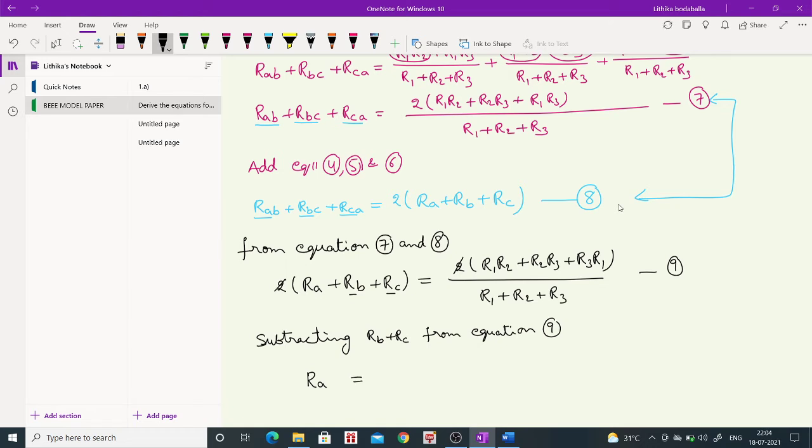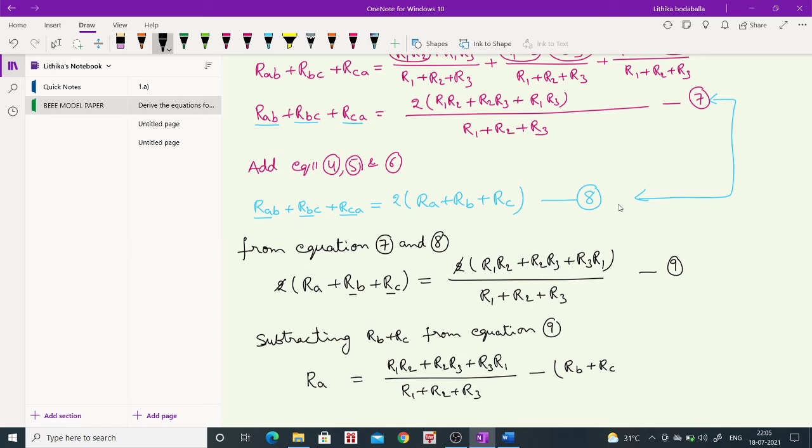On the right hand side, what you will get is R1 R2 plus R2 R3 plus R3 R1 divided by R1 plus R2 plus R3 minus RB plus RC.